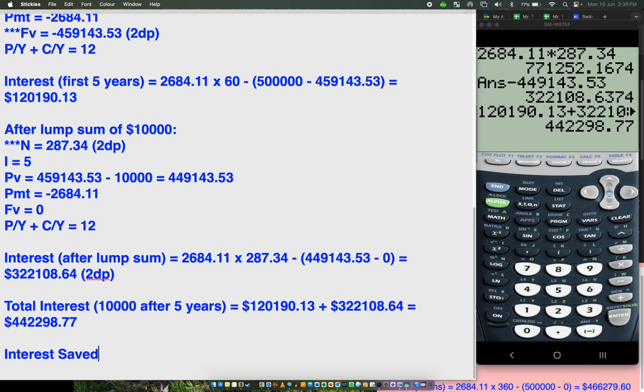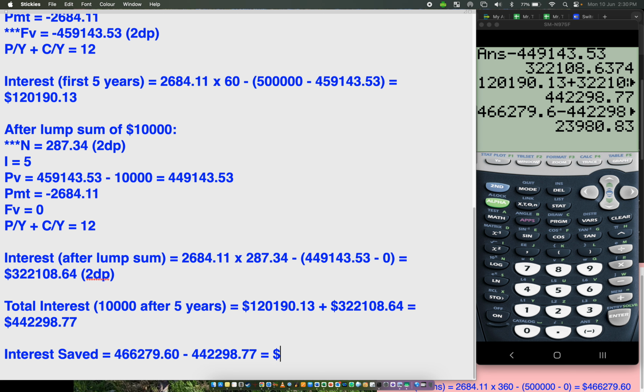Interest saved is going to be the default $466,279.60, take away 442,298.77, equals a saving of $23,980.83, which is not too bad.